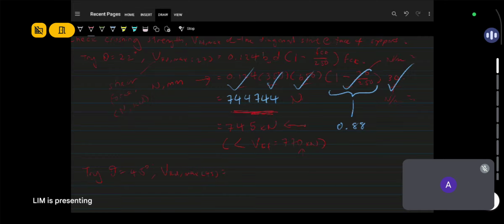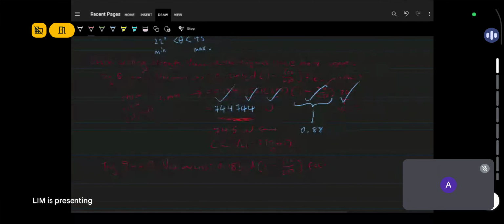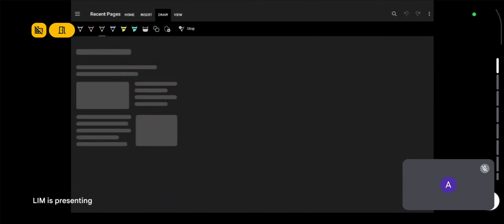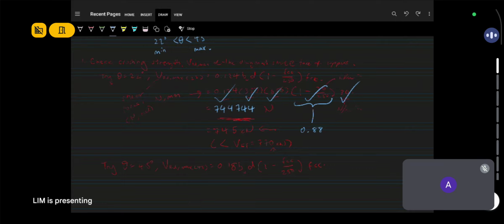So when it's 45 degrees, the formula is 0.18 BWD, 1 minus FCK over 250, times FCK. I want to point this out. I use green color, but green is not clear. Okay, blue. I use blue again.